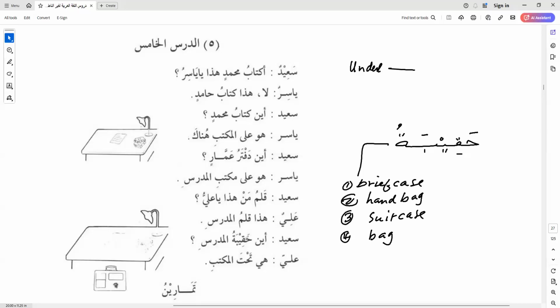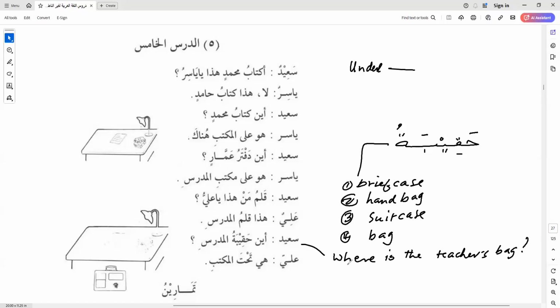So Saeed is asking, أين؟ Where? أين حقيبة المدرس؟ Where is the teacher's bag? So here, possession. Where is the teacher's bag? Haqiba.